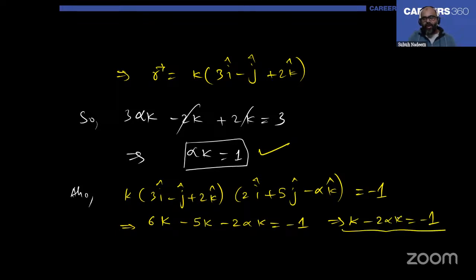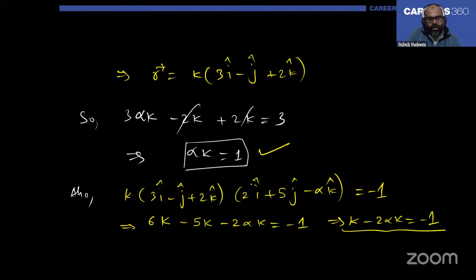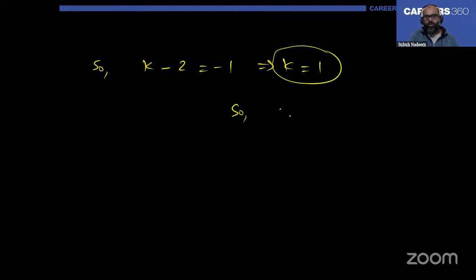So if we put alpha K equal to 1 here, it will become K minus 2 is equal to minus 1. So K is equal to 2 minus 1, which is 1. So alpha is also 1, as alpha K is 1.